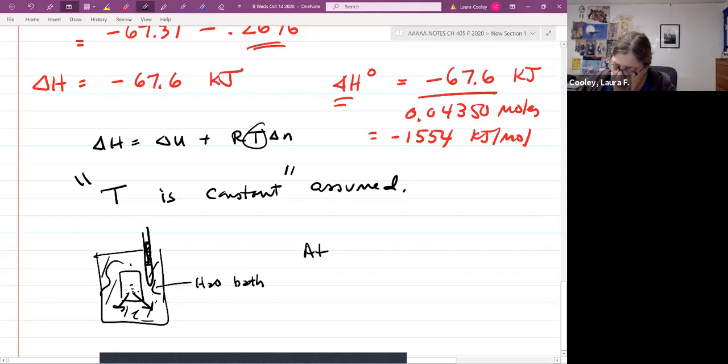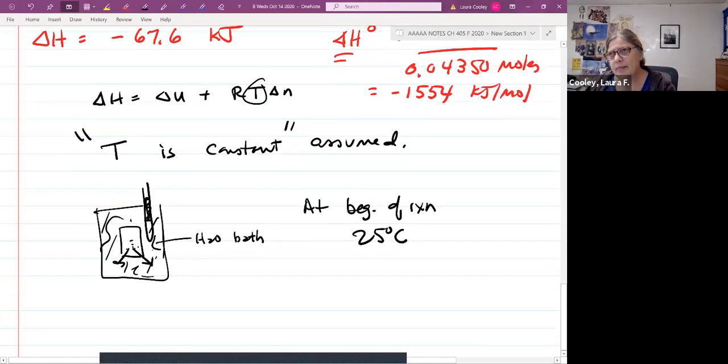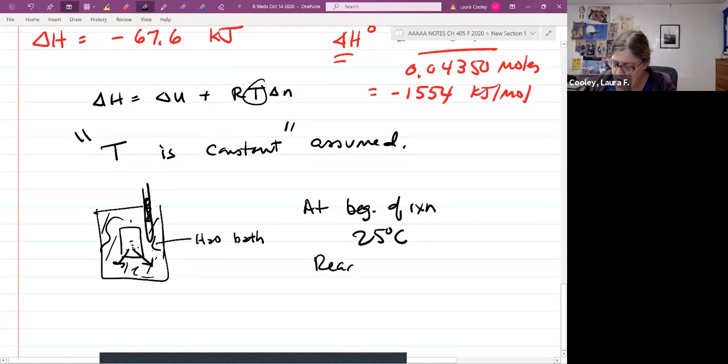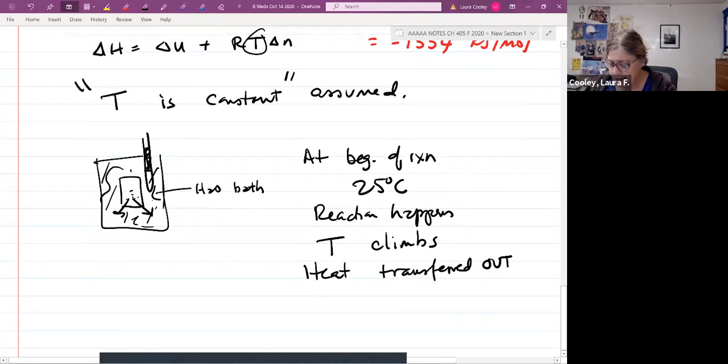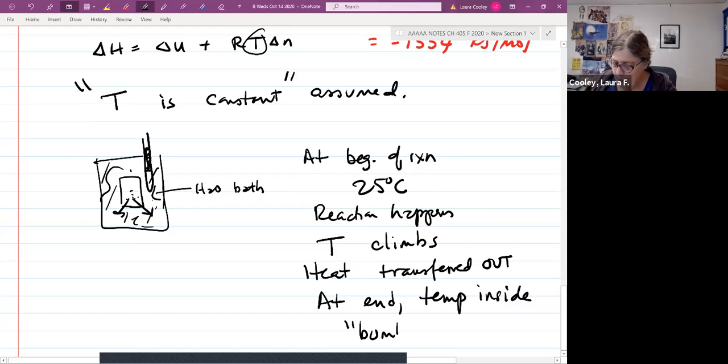But at the beginning of the reaction, it's at 25 degrees C. So then the reaction happens, the temperature climbs, and then the heat gets transferred out. And then at the end, the temperature inside the bomb, the sample compartment right in here, is back to 25.